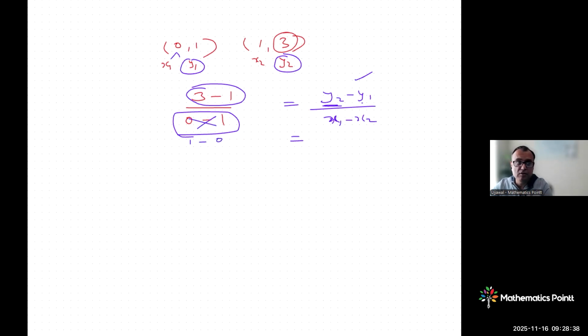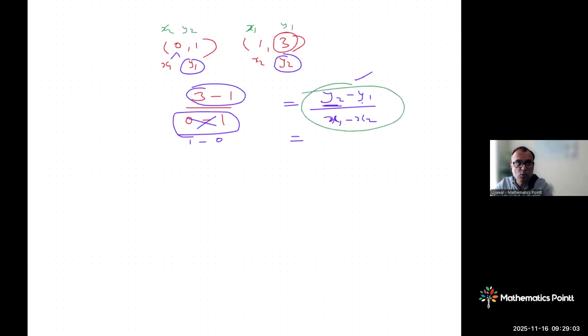Now I can swap it around. Let me take a different color. Let me take a green. I can, and hear me out loud and clear, I can take this to be x1, y1, and x2, y2. And let's try to do the same, y2 minus y1 over x2 minus x1.